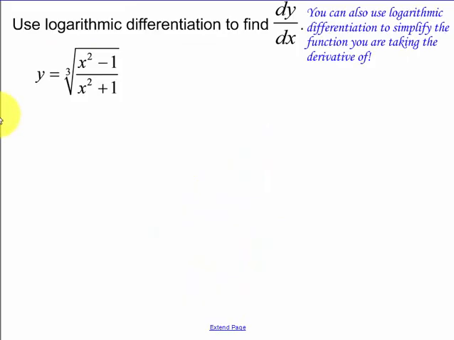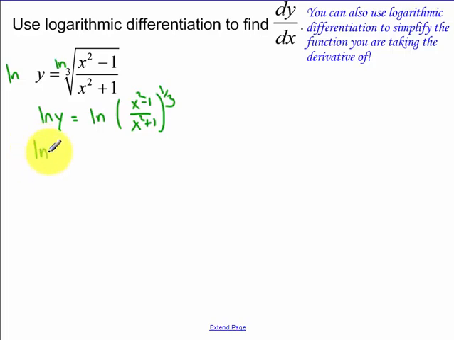Okay, our last example. We can use logarithmic differentiation if this right side function is a little bit crazy. If I take the ln of both sides, remember that allows me to say that this is the ln of x squared minus 1 to the 1/3 power.